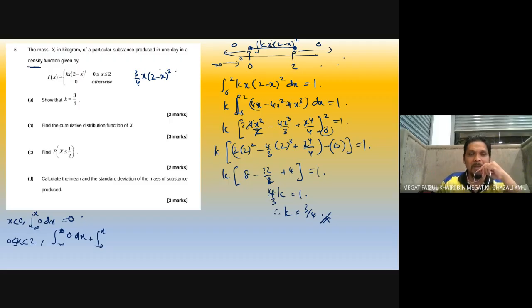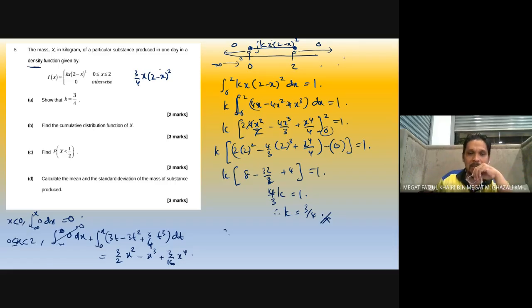This function here, so what do you get there? The integral of 3t minus 3t squared plus 3 over 4 t cubed dt. The first part is 0, and integrating this gives you 3 over 2 x squared minus x cubed plus 3 over 16 x to the power of 4.